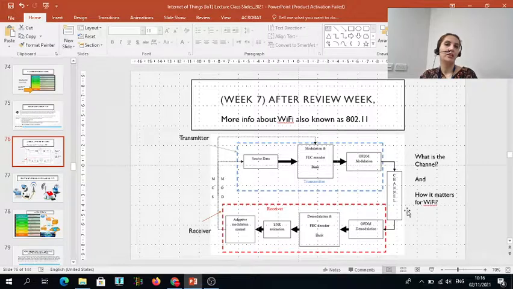So when we are looking at this example, Wi-Fi or 802.11, most of the time we are looking at wireless connectivity.